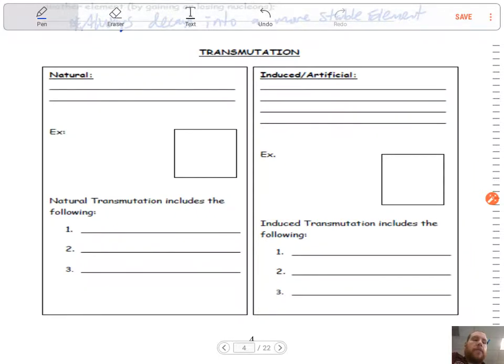You need to make sure you are familiar with them. The natural way means that it happens with unstable atoms. So this would be an atomic number greater than 83.